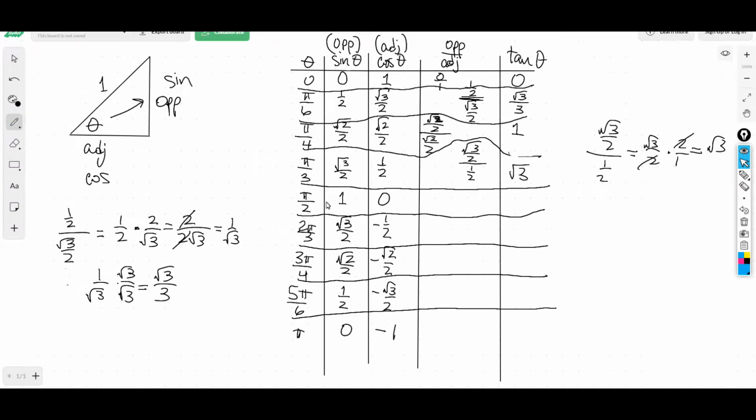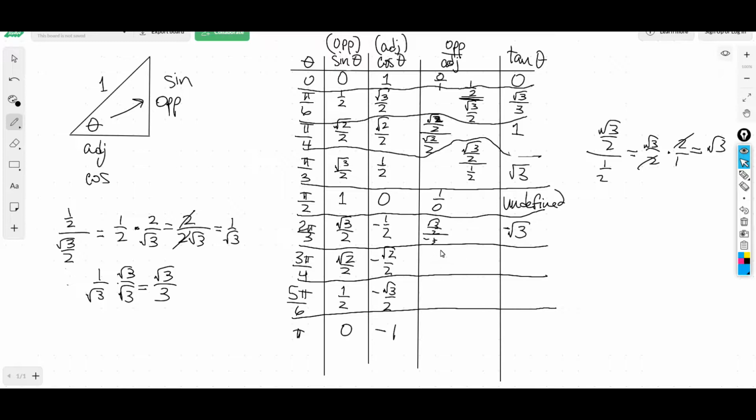Okay, done. Now, my next one, I have 1 over 0. That is not an acceptable value. That's undefined. Then I'm actually back to some values that I saw before. I have square root of 3 over 2 over negative 1 over 1/2, but this time it's negative, so the value is not going to change. It's going to stay square root of 3, but it's a negative now because I have positive divided by negative.